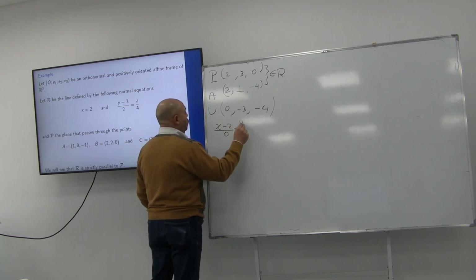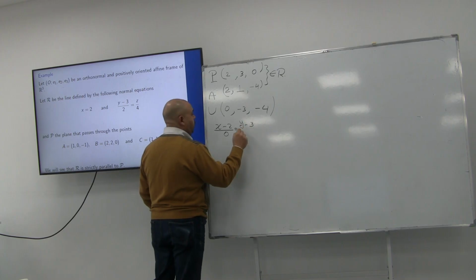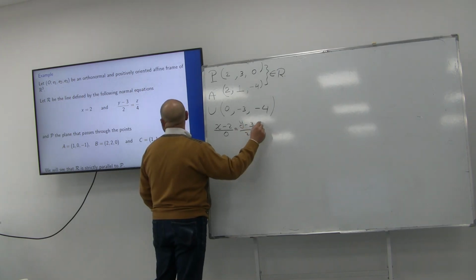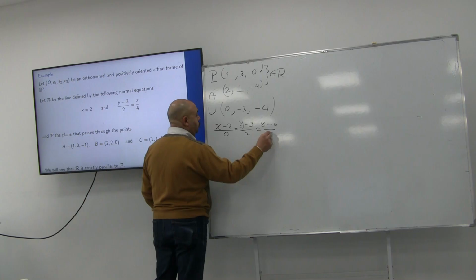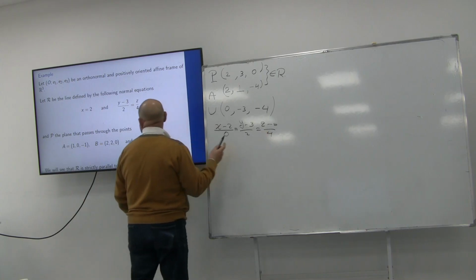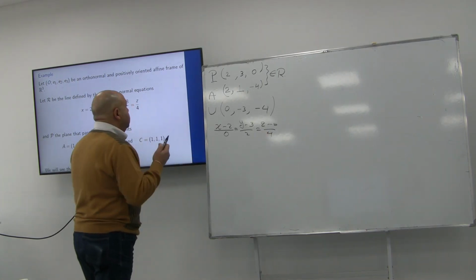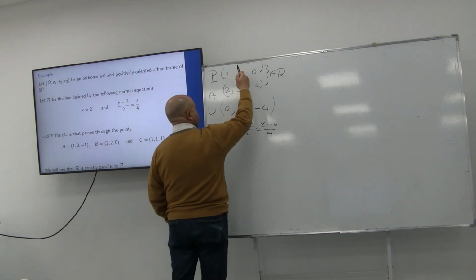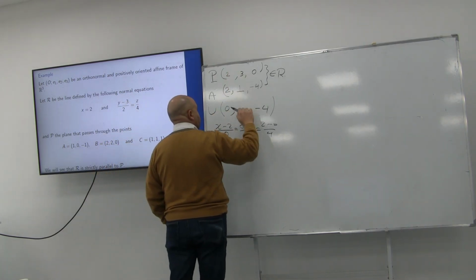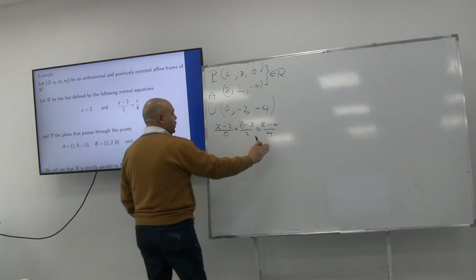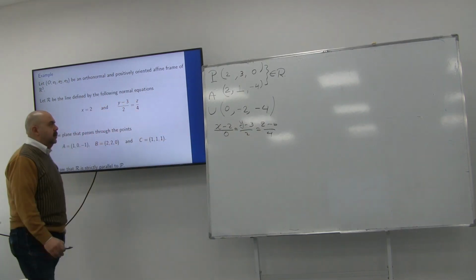This is going to be (y minus 3) over 2, and this is going to be (z minus 0) over 4. But as I told you, 1 minus 3 is going to be negative 2. So these are the vectors, as we said.